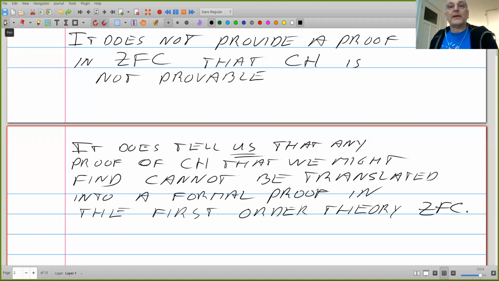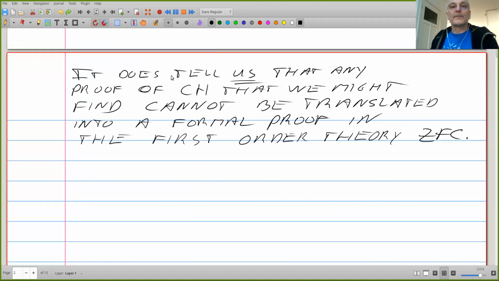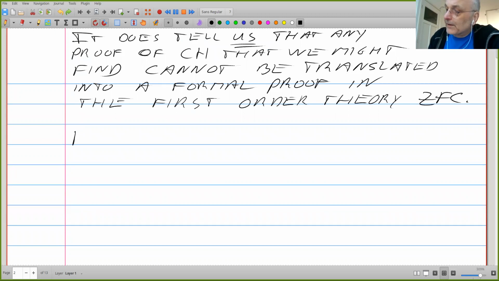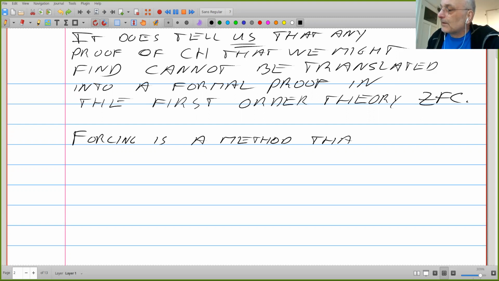And forcing is a method that lets us do this.